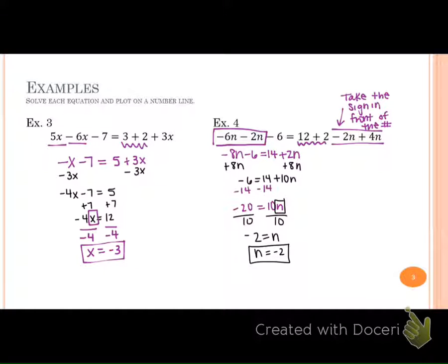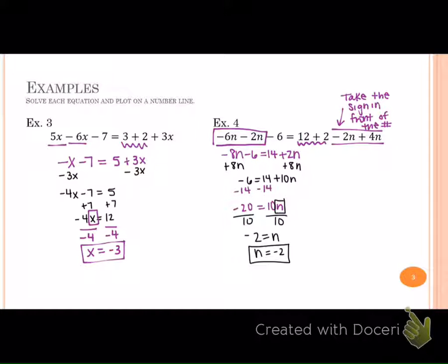There you go. And then just simplify it, okay? This should have negative.